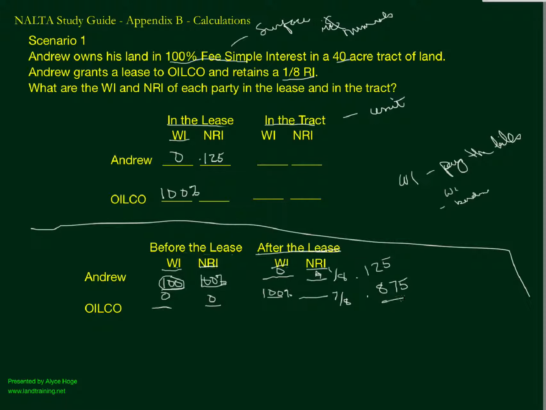We already said down here, it's 1/8 plus 7/8, which is going to be a 0.875. And then we're going to put the same things in here because we don't have a unit yet. So if you are following along in the text, the correct answer is going to be A.